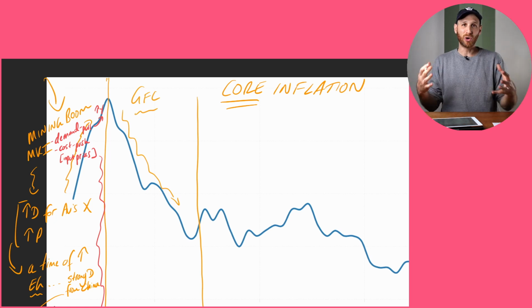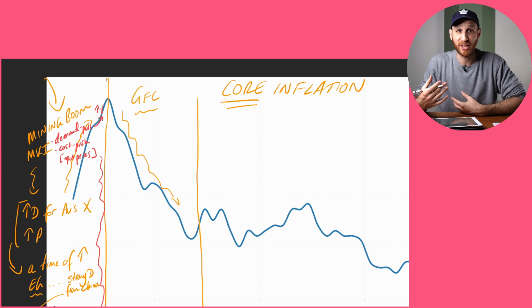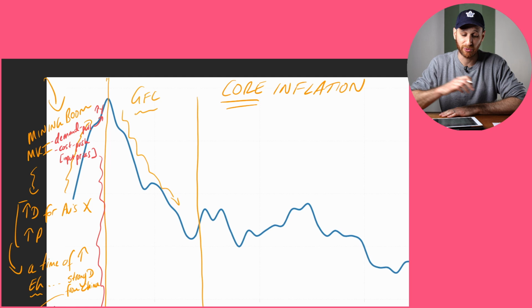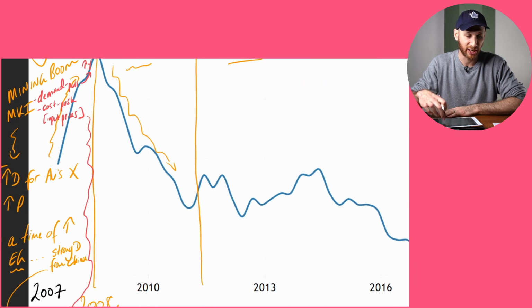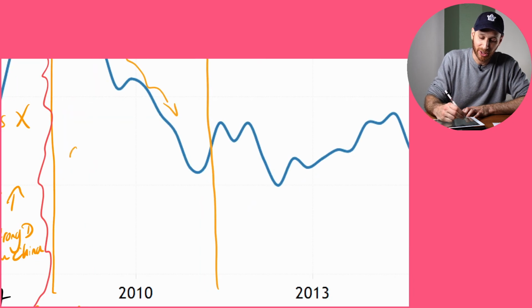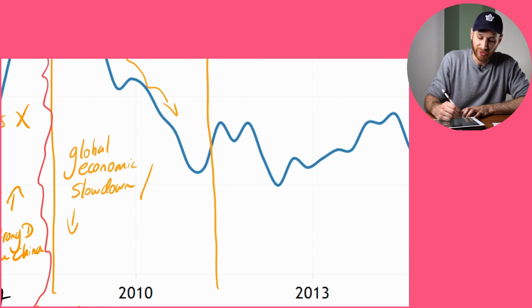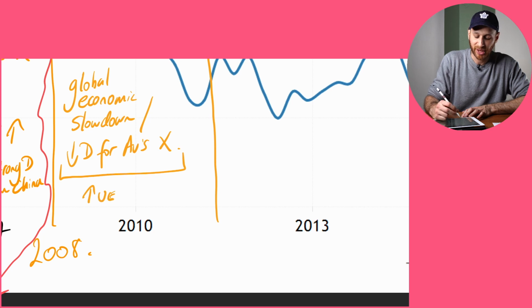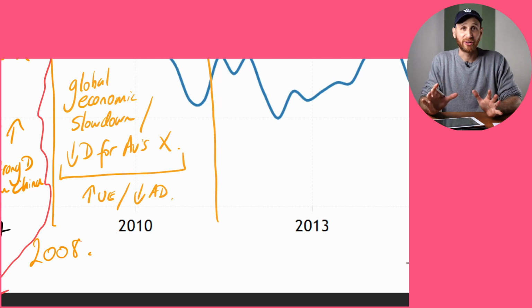That whole world economic downturn definitely involved Australia, although it's important to note Australia did not fall into recession during this period. But what we are seeing is that global economic slowdown, also the decreasing demand for Australia's exports, and combining these things together, we're looking at rising unemployment and falling aggregate demand during this time period.